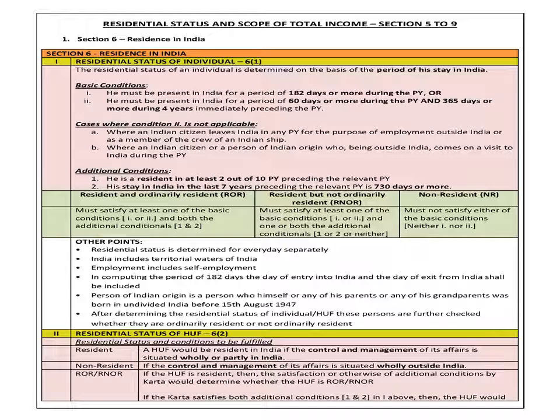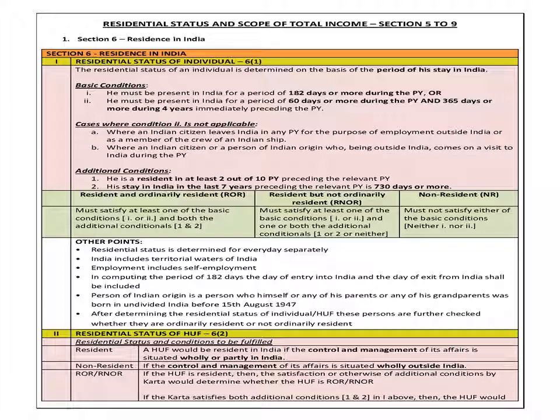If the control and management is wholly or partly in India, then it will be called a resident. If the control and management is wholly outside India, then it will be called a non-resident.